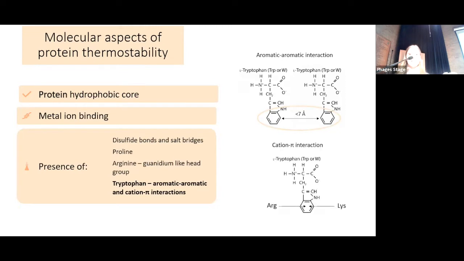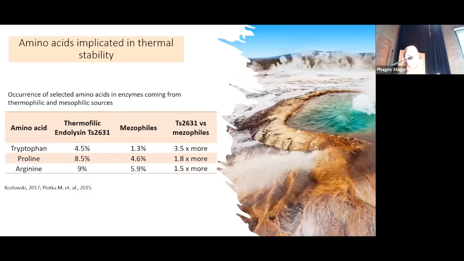And another one is cation-pi interaction, and it takes place when positively charged residues interact with the center of a phenyl group. We also observed that in thermophilic endolysins there are more tryptophans, prolines, and arginines. And here we have an example of the thermophilic endolysin TS2631 that has, for example, 3.5 times more tryptophans than mesophilic enzymes.